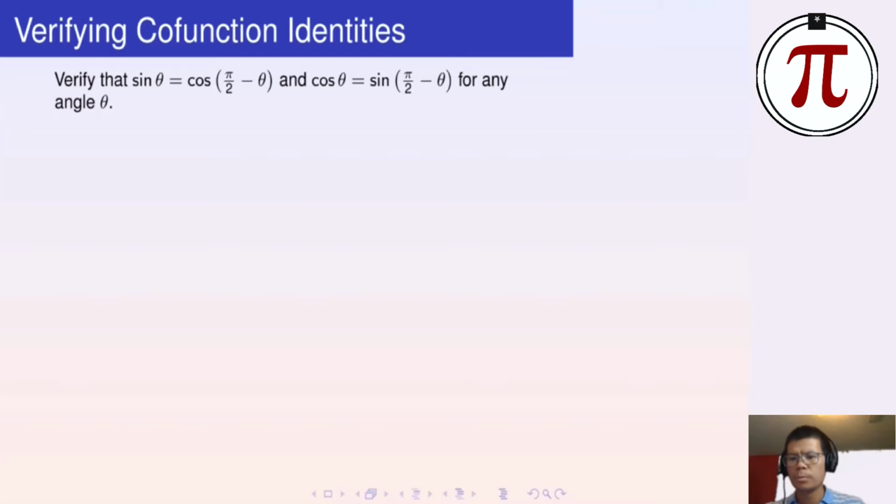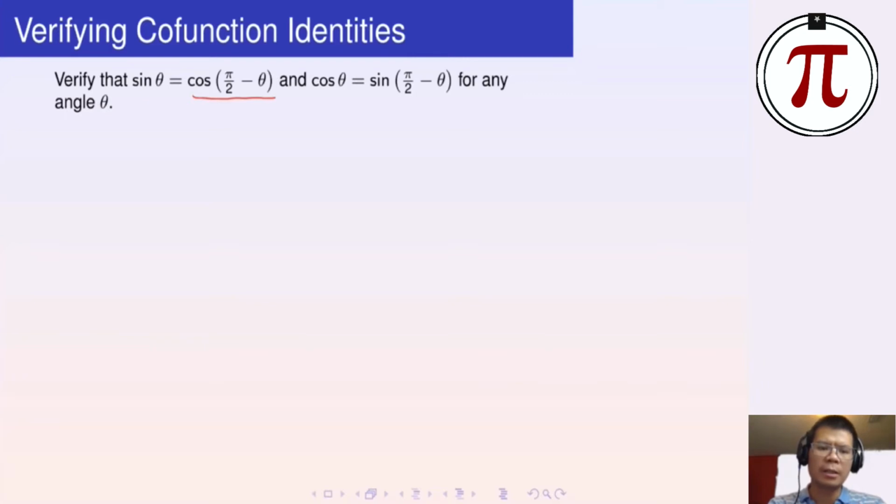Now, we're going to use the sum and difference formulas to verify these identities. So let's consider sine theta equals cosine of pi over 2 minus theta, and cosine theta equals sine of pi over 2 minus theta. Firstly, let's consider the first.